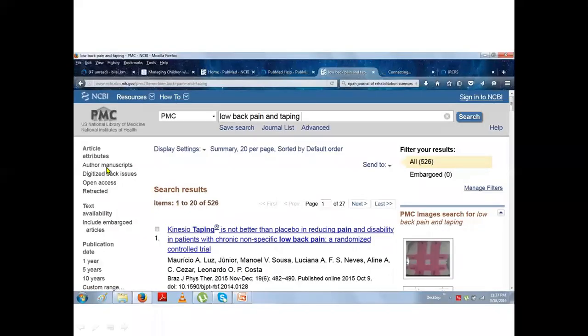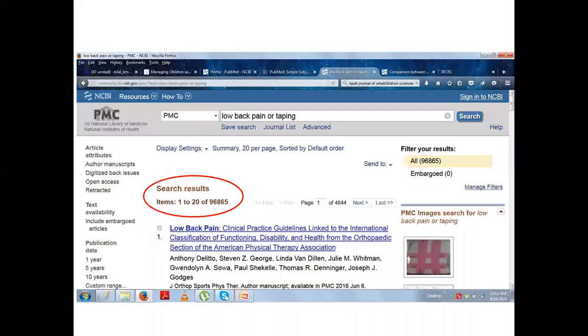So look here, the same keywords when they are being added with AND, the total number of articles is 526. If we go back to our previous slides, when the two words low back pain and tapping were added with OR, the result was 96,865.